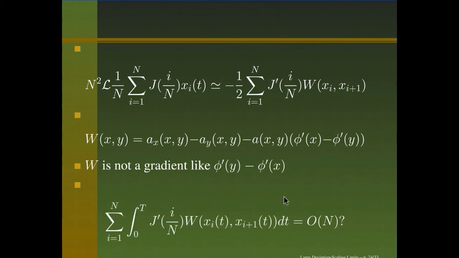But you don't really need to estimate w, you only need to estimate the integral of w over an interval 0 to t. Maybe there's a lot of cancellation, and so the object of order n, when integrated over time, is of only order 1.